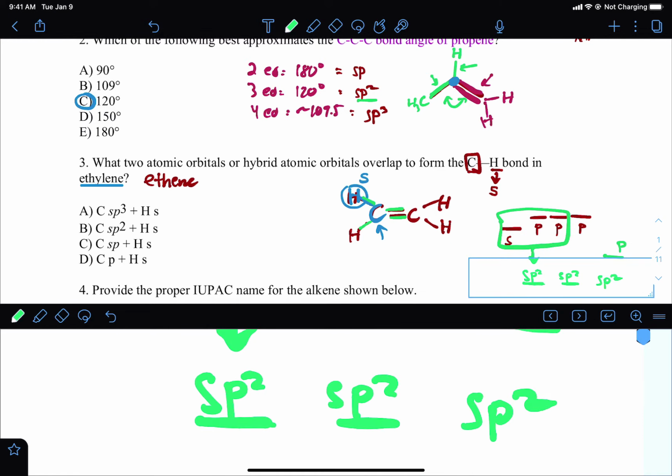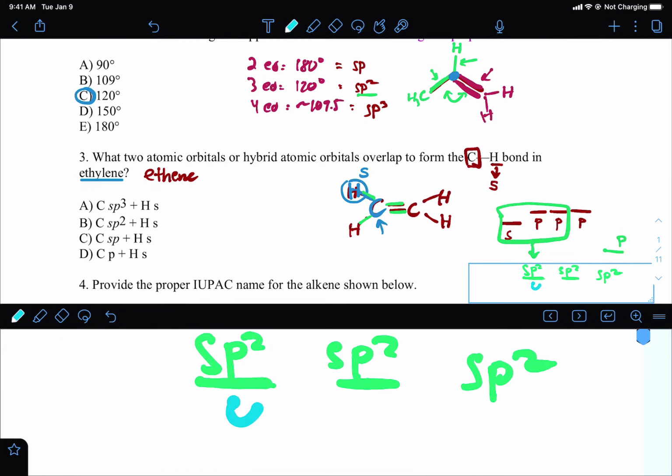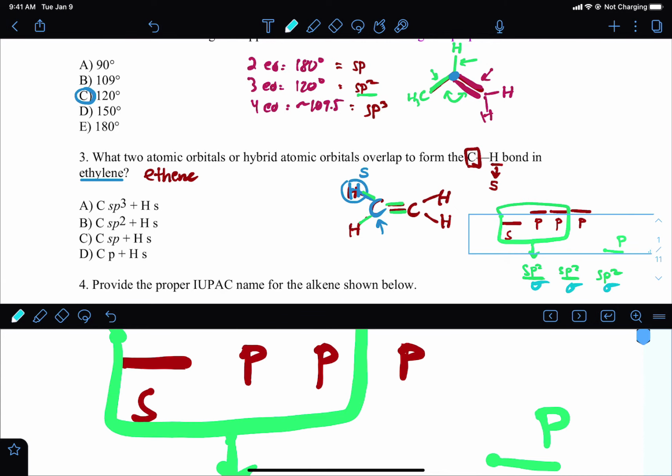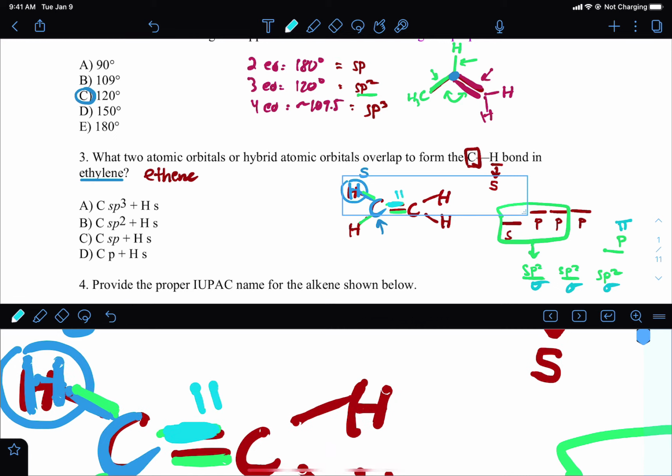So those are our 3 sigma bonds, okay? One of our sigma bonds will come from an sp2, another sigma bond will come from sp2, the 3rd sigma bond will come from sp2, and then the pi bond comes from the p, okay? So this pi bond between the 2 carbons is using the p orbitals from each carbon.